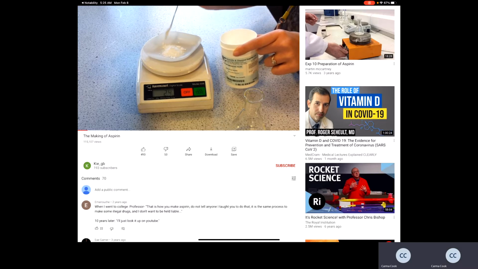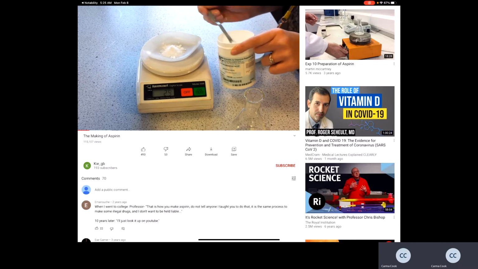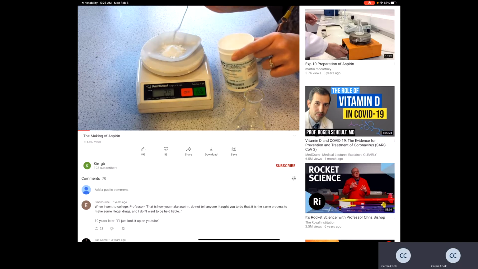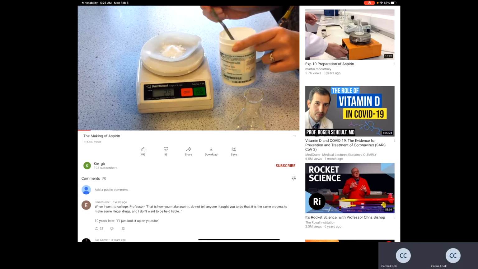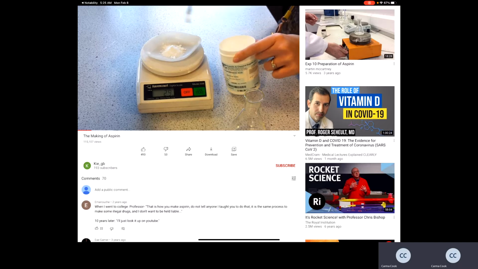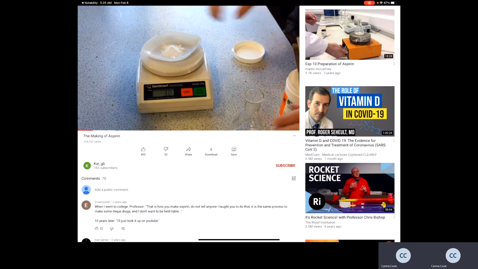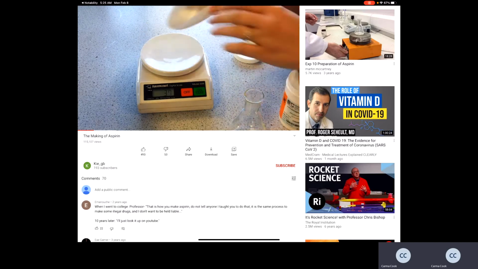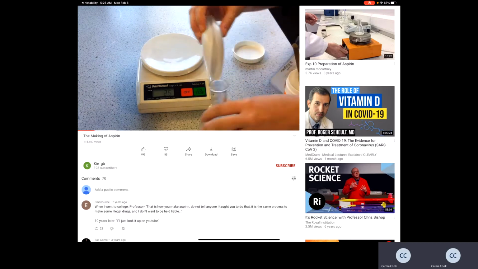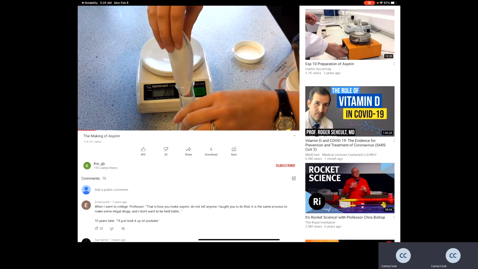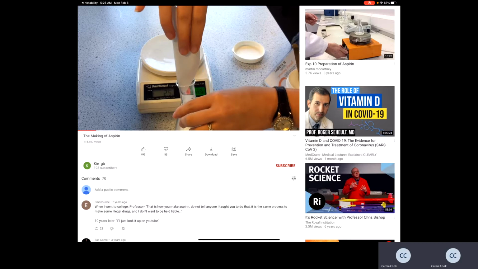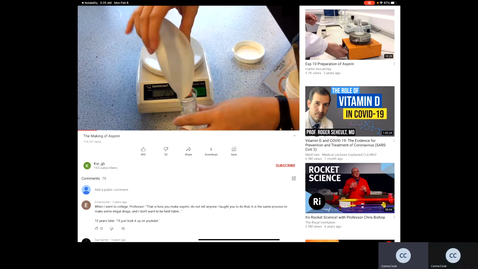And so the salicylic acid reactant, as you can see, is a solid powder. And so the 3 grams of that solid salicylic acid is measured out using a balance, of course, to make sure you've got exactly 3 grams.